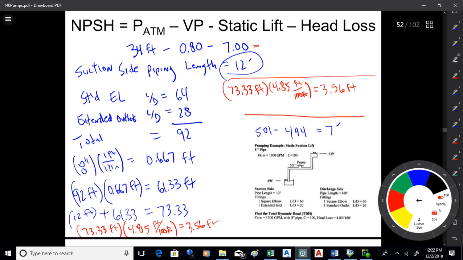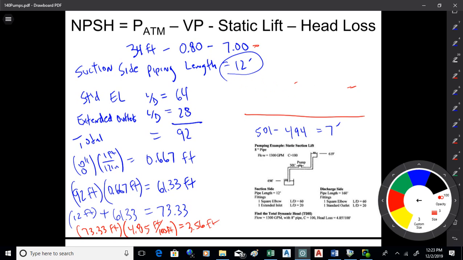That's what happens when the water runs through 12 feet of pipe and also 61.33 equivalent feet of fittings, okay? That's the result of that. So that's energy that's being burned up as the water moves through that piping. All right, so we start off with 34 feet of atmospheric pressure.